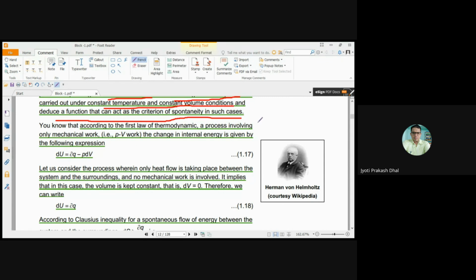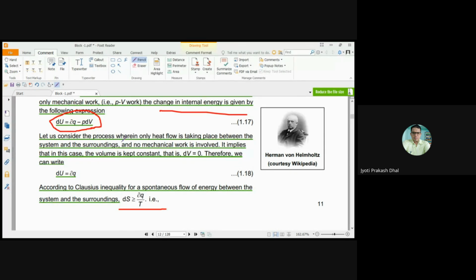In order to derive this criteria, we should consider again the first law of thermodynamics. In the first law of thermodynamics we have studied the process where only mechanical work is carried out, and the change in internal energy can be given as dU equals delta q minus PdV.